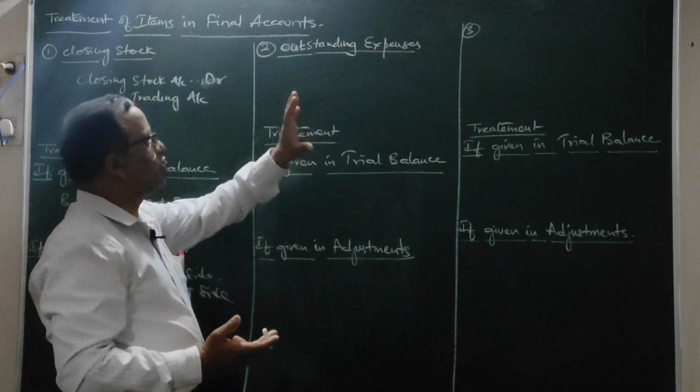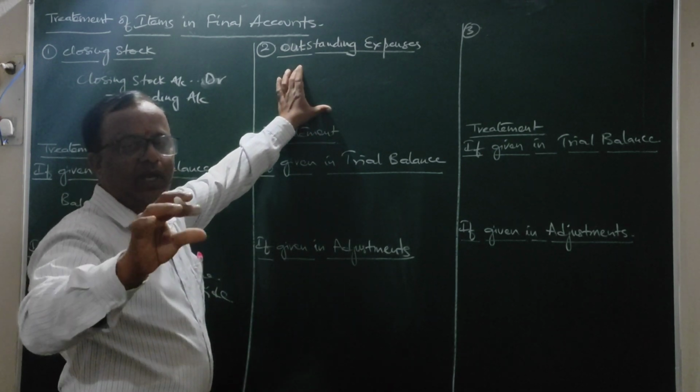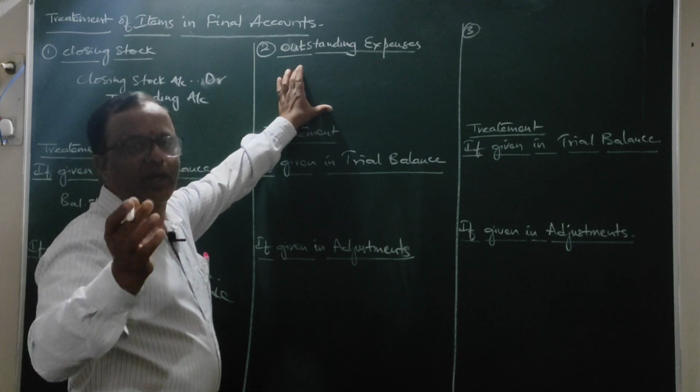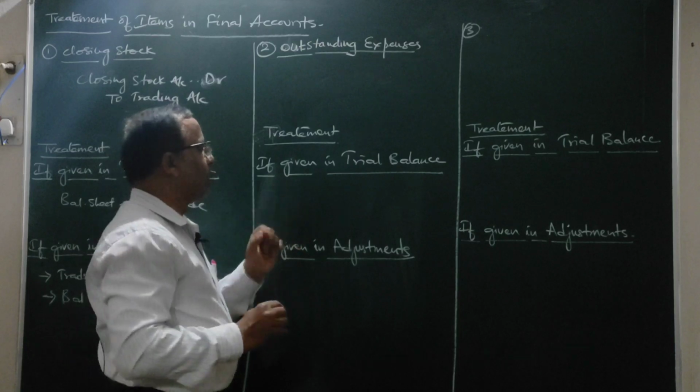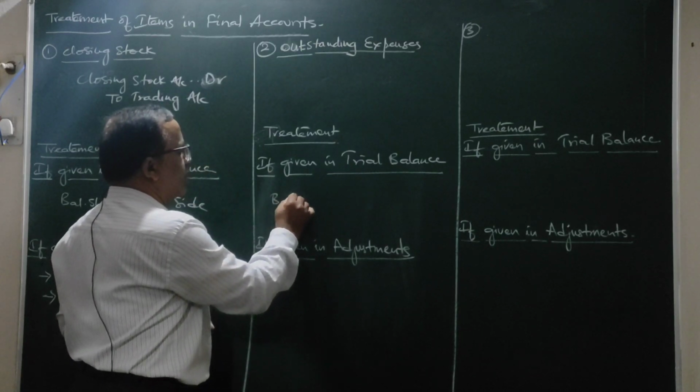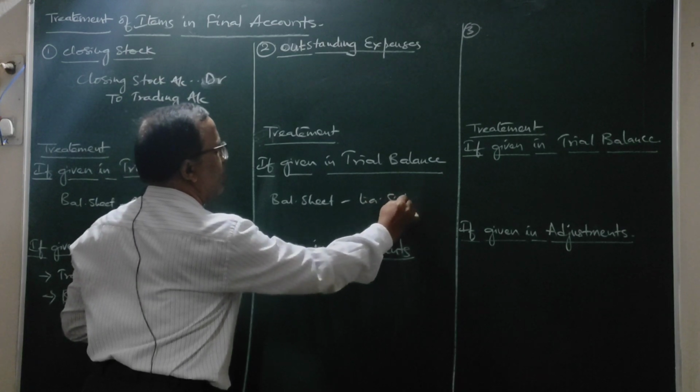If the outstanding expense is given in the trial balance, only one effect: in the balance sheet, you post it on the liability side.